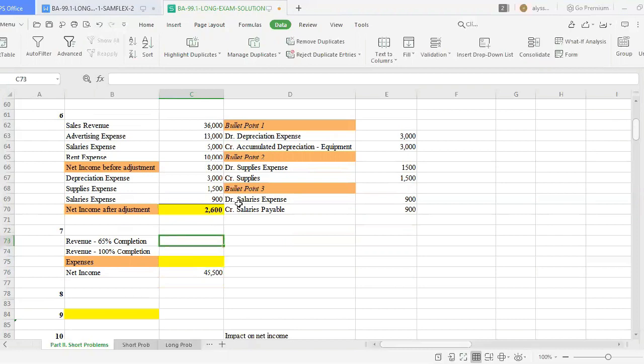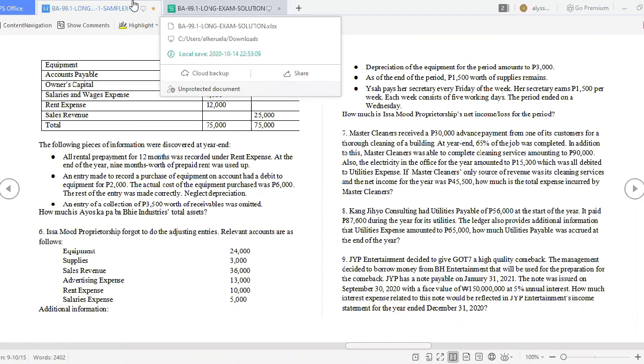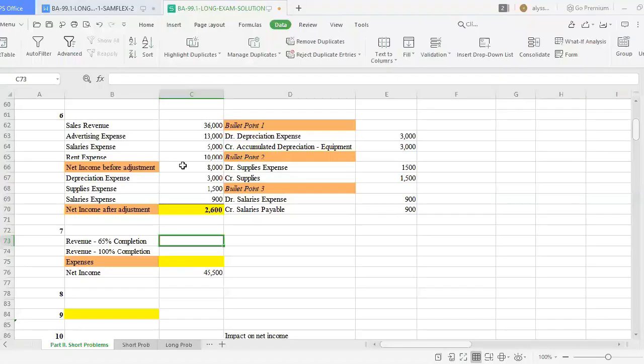We're looking for the expenses, but we can compute for the revenue. So the revenue is 65% of the advance payment, 30,000. 30,000 times 65%. And another 90,000.